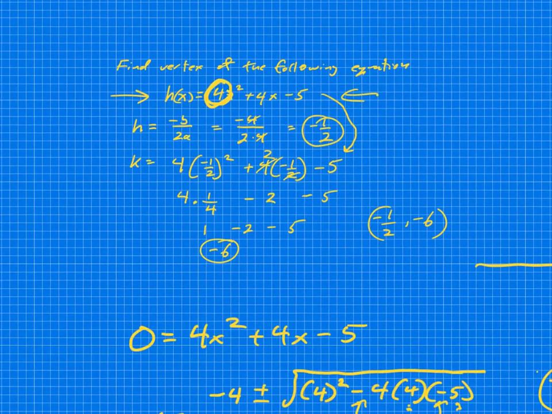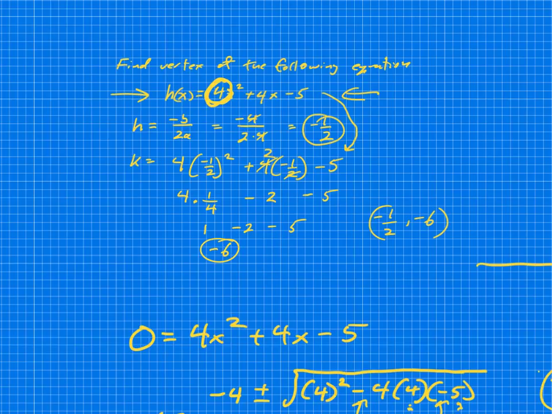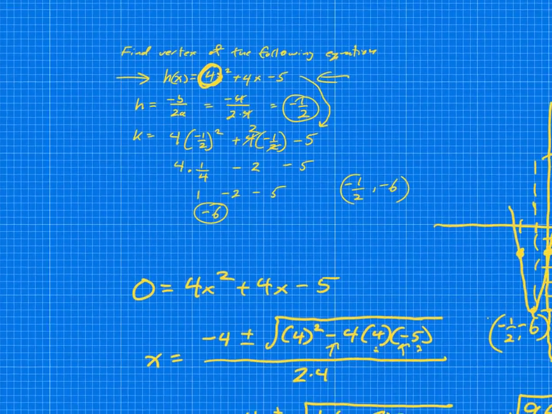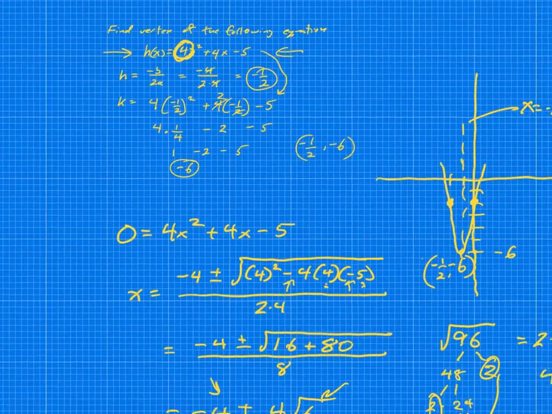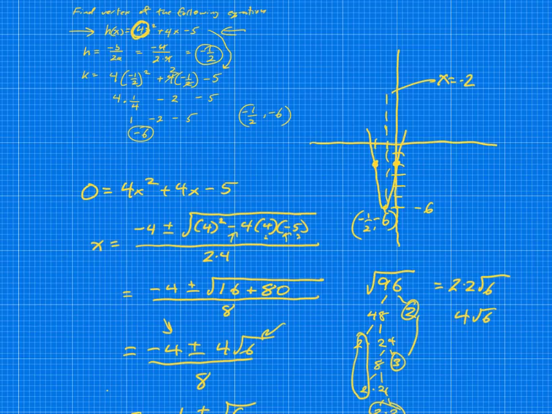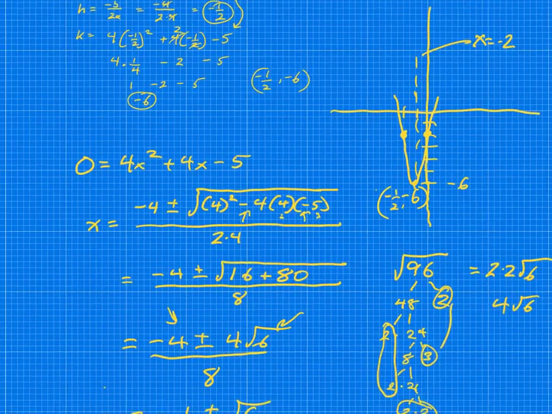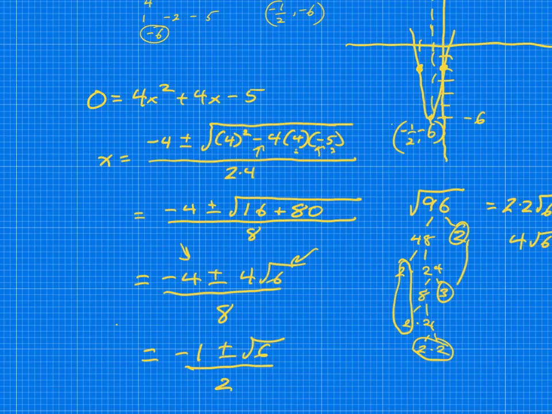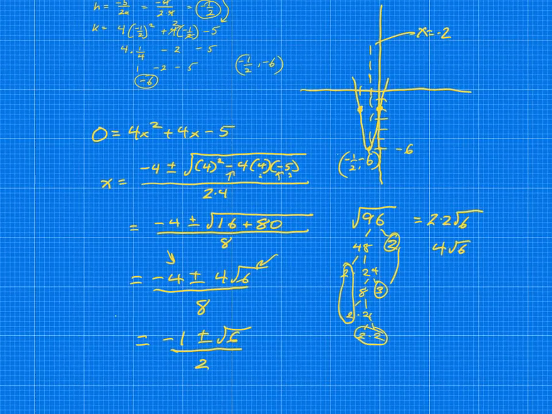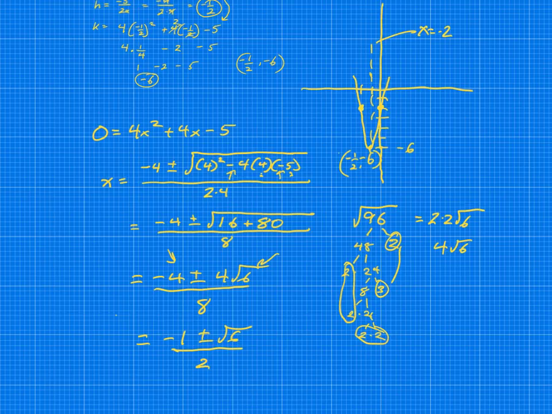Instead of converting to vertex form, we can use -b over 2a to find the x value of the vertex, and then we plug that value in to find the y value. We can now graph it. The one thing that I'm adding on here is this idea of finding the zeros. The problem I did was pretty nasty, and here's a problem that you can do using that same technique.